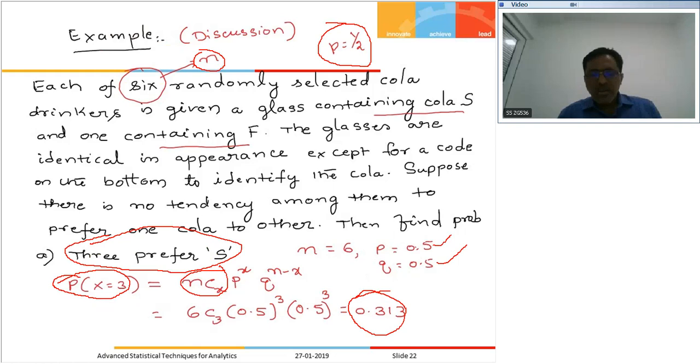So 1 into 1, and here you will have 0.5 whole power 6. Okay? So it is not going to be 1 always. Just like P of 1, P of 1 means x equal to 1, P of 0 means x equal to 0. Like this, we have to calculate probabilities at every value of x, including 0.